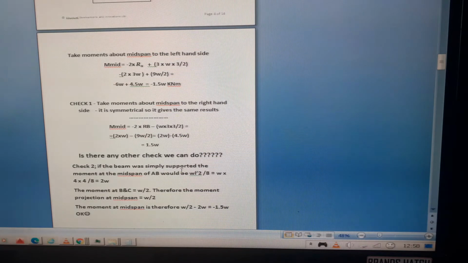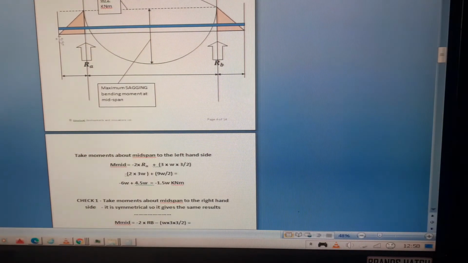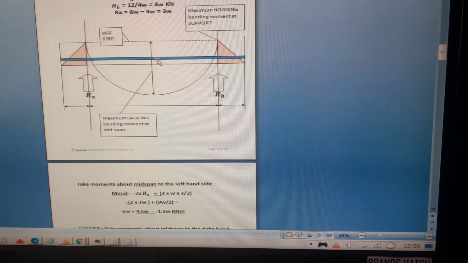But in this case, we've got the cantilever moment across the entire length of the beam, because we've got cantilever moment at A, at RA, and cantilever moment at B. So that across the whole length is equal to W over 2.